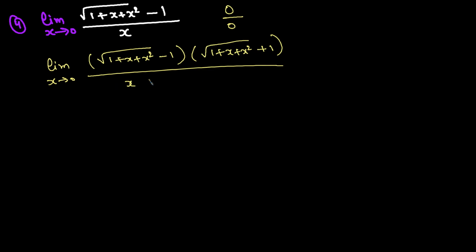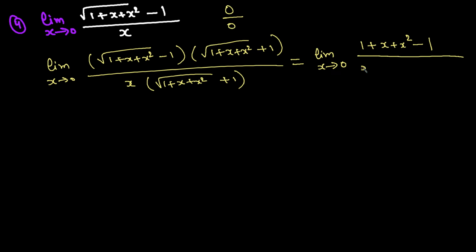In the denominator we got x, and we divide by the same term, so we multiply the numerator with the square root of 1 plus x plus 1. Alright, so let's use the identity again, a minus b into a plus b. So the square of this gives me, let me write down the limit as x approaches 0, 1 plus x minus 1.